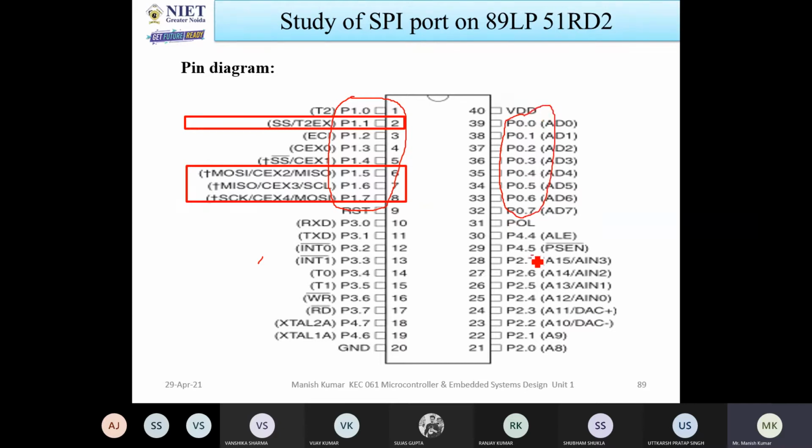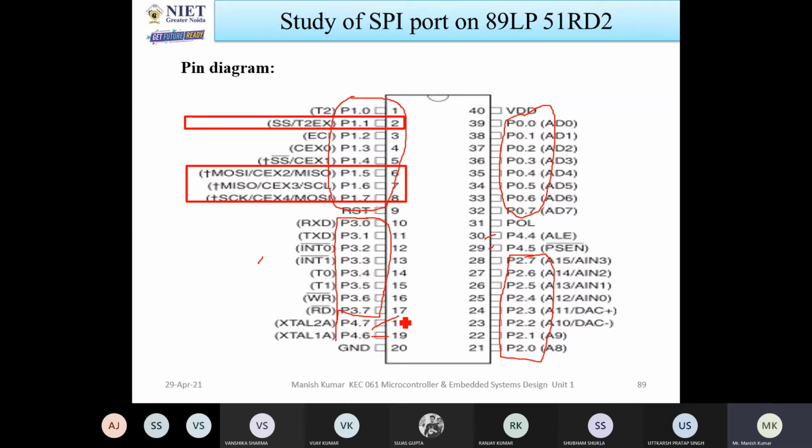Port 2, P2.0 to P2.7. Port 3, P3.0 to P3.7. What about port 4? Only port 4.4, port 4.5, port 4.6 and port 4.7 are there. It means you can use only 4 pins for port 4.